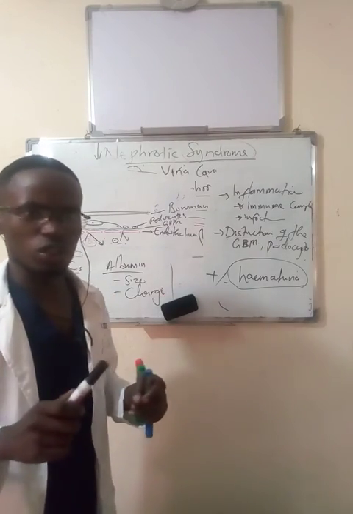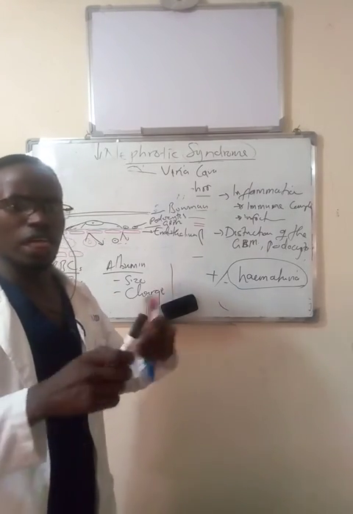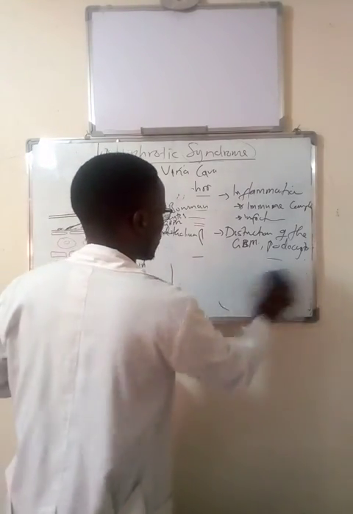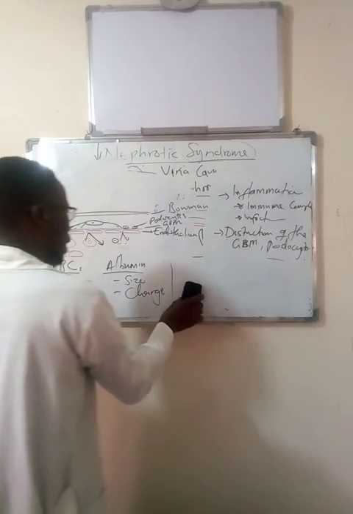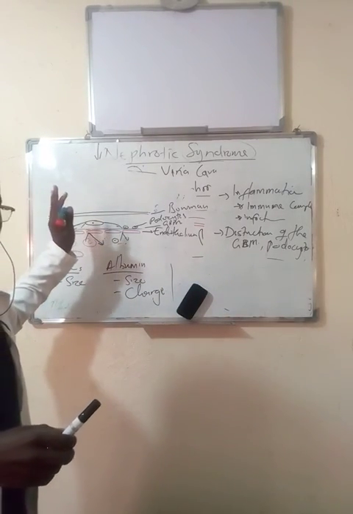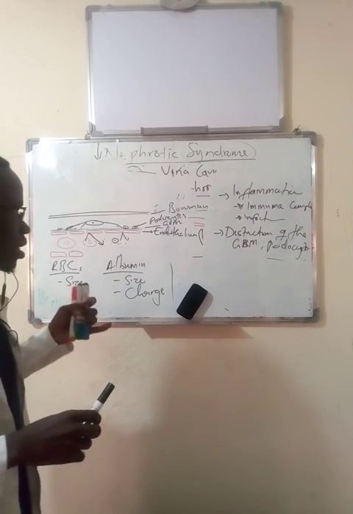So we have defined nephrotic syndrome and given the tetrad. Number one, there is proteinuria of more than 3.5 grams in 24 hours.